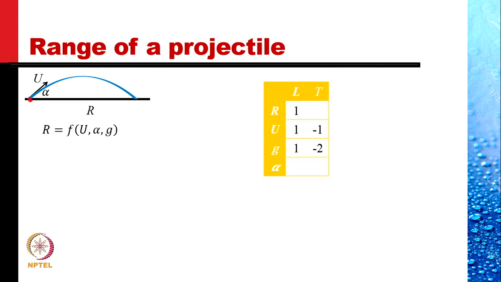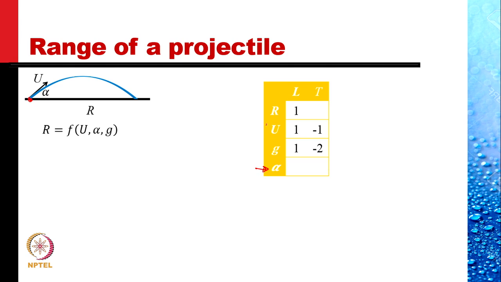We proceed in a simple-minded manner of using only the two dimensions, length and time. The dimensions of R, u, and g are simple. Alpha is dimensionless, so alpha itself is a parameter.